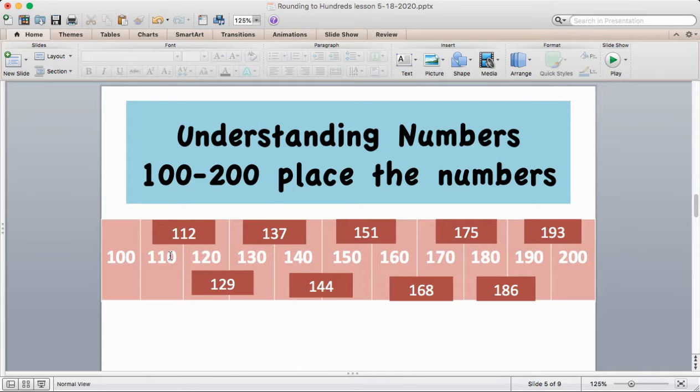Now, if we were going to round to one or the other of these, we would be rounding closer to 110, but we're just placing our numbers right now.